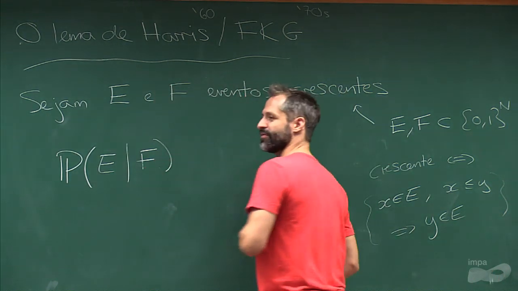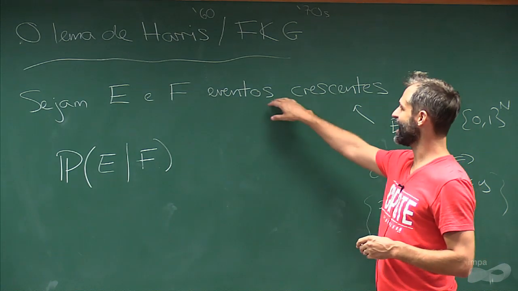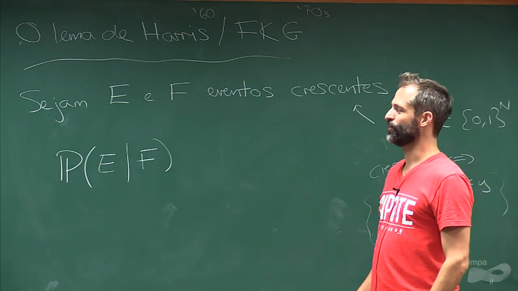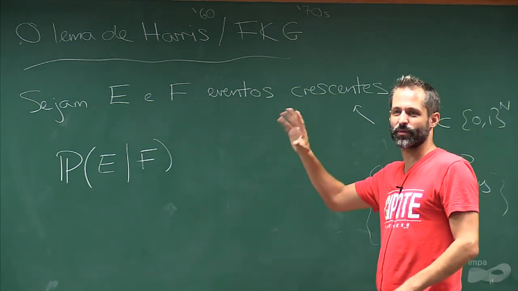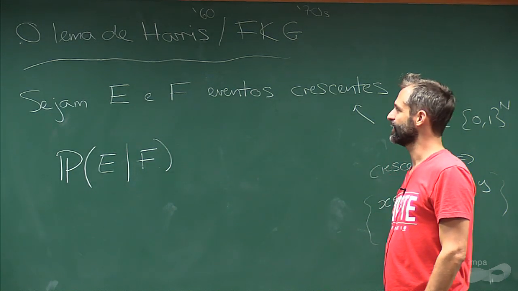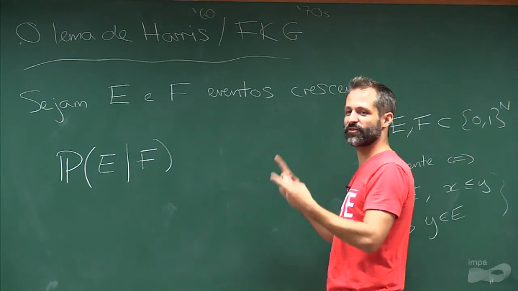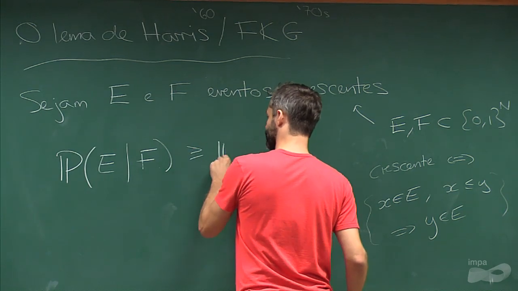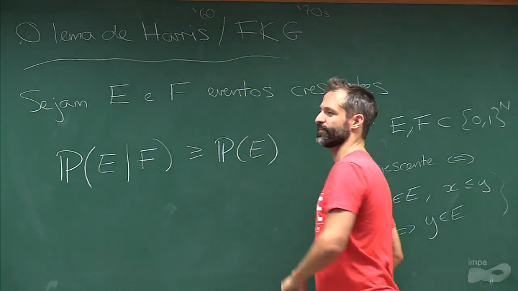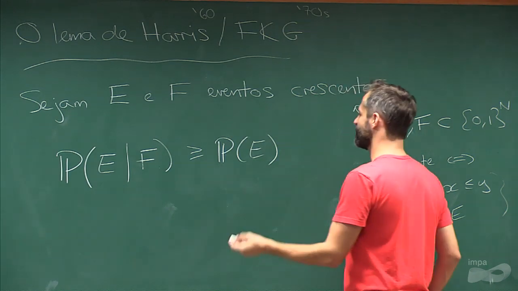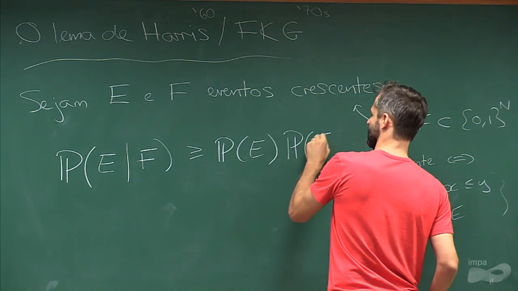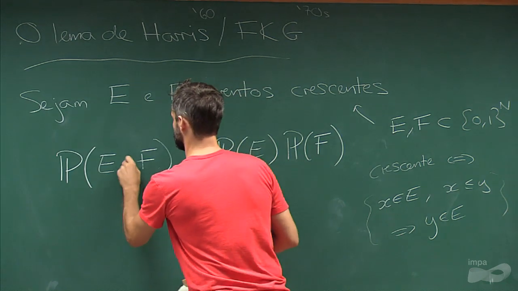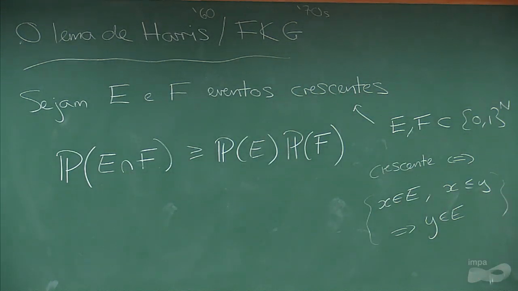Probably E given F. So if F occurs, meaning there's a triangle or meaning there's no triangle, whichever way around you're doing it, E and F are both increasing in the same direction, that should help E to occur. So there should be at least the probability of E. What's another way of writing that? Let's multiply both sides by the probability of F and replace this by intersection. Okay, so just the same thing. Is it okay?